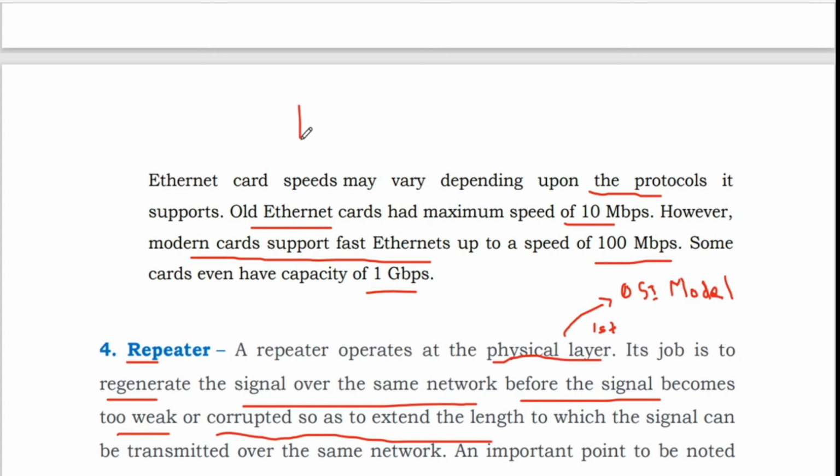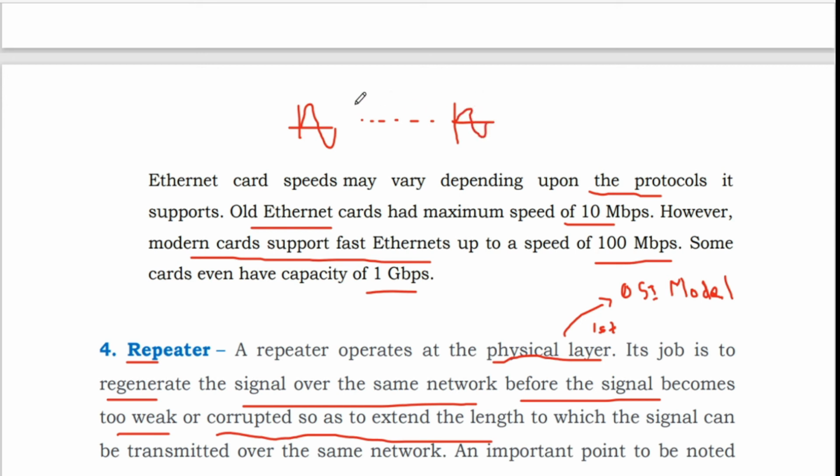If this is the initial signal at the starting point, later, because of the distance traveled and because it has to go through a lot of noise whenever it is transmitted, the strength of the signal becomes weak.